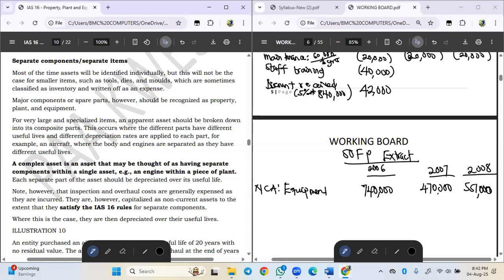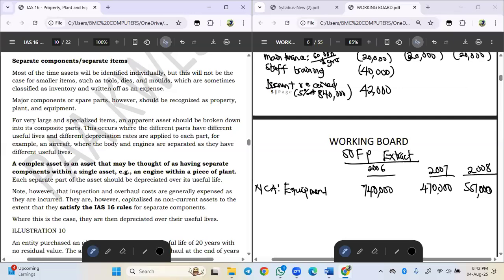It's one asset as a whole, but within it you have different separate components, having different useful lives and different depreciation rates and all that. So if you have this kind of complex asset, you cannot charge depreciation for the asset as a whole. No, you have to take the separate components and charge depreciation individually. Then after that, you add them.